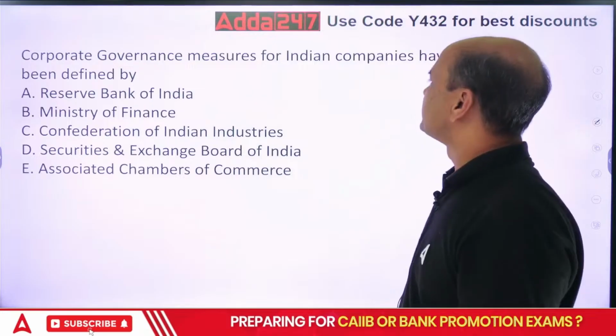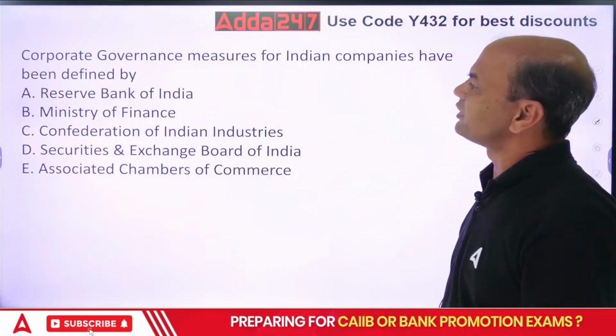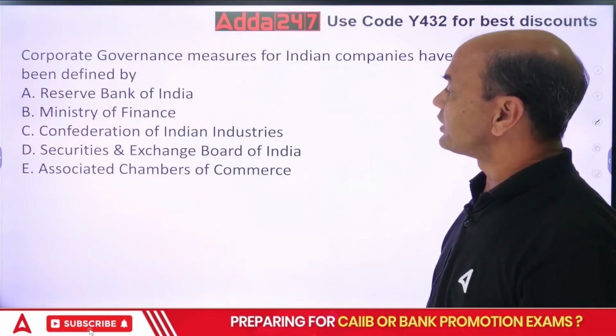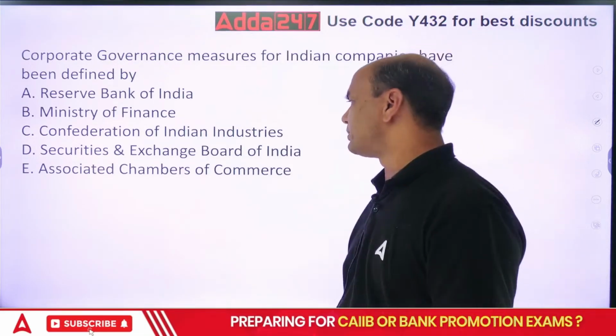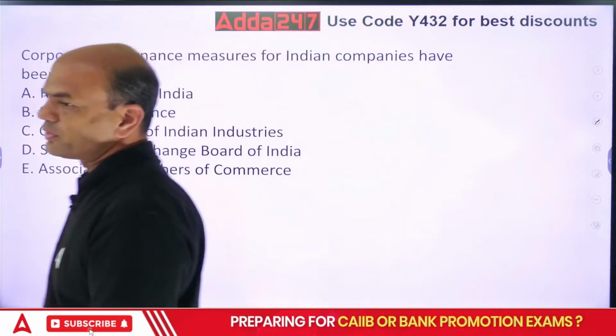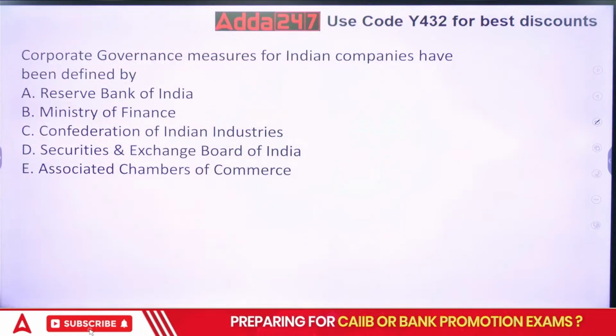Corporate governance measures for Indian companies have been defined by RBI, Ministry of Finance, Confederation of Indian Industries, SEBI, and Associated Chamber of Commerce. Who defines corporate governance? Corporate governance is an important part because in module D, CIB also, and in many, corporate governance means transparency.